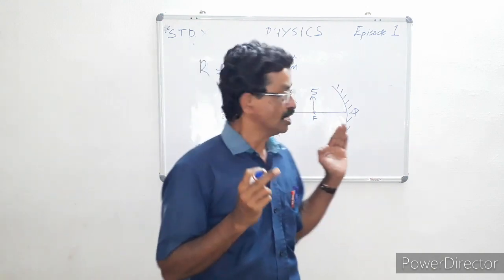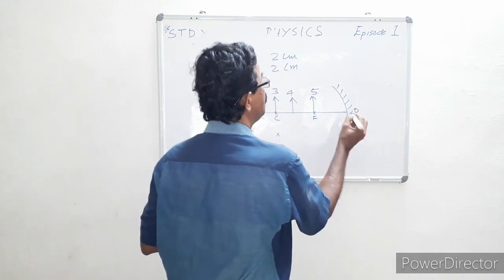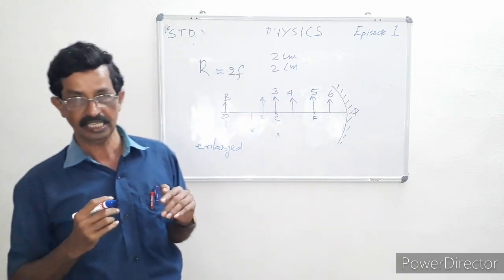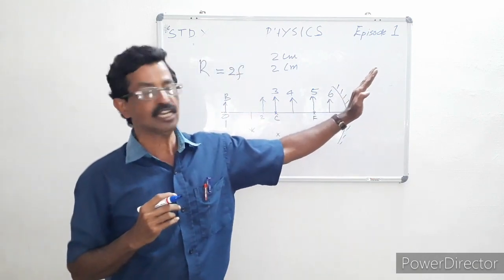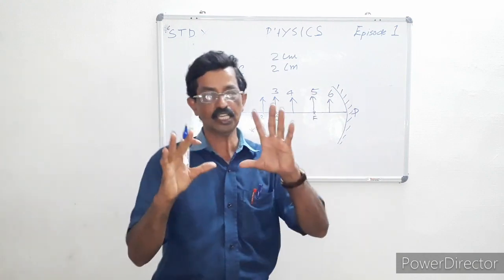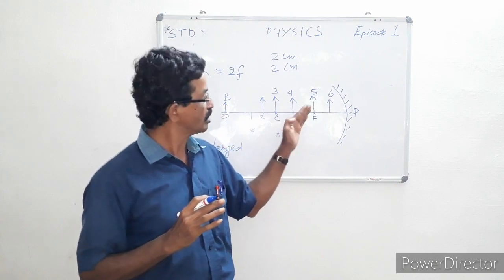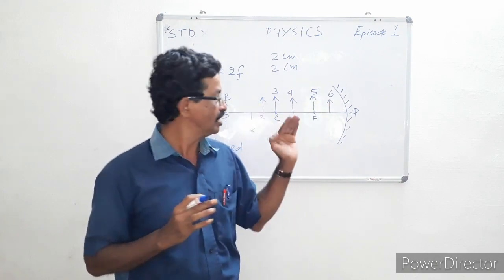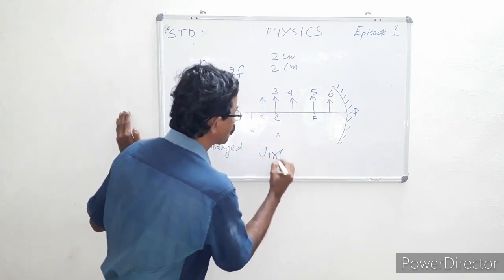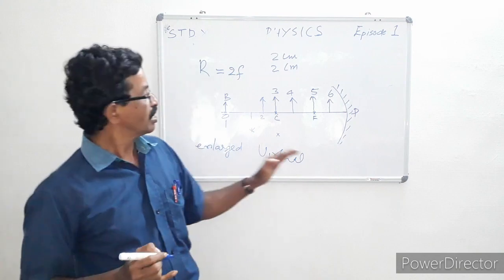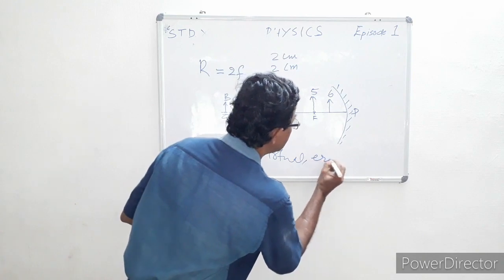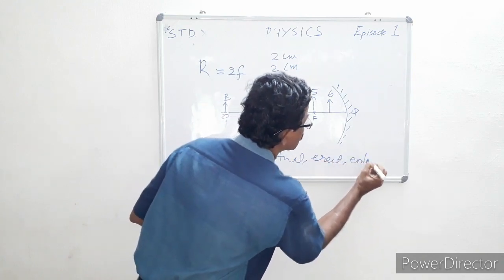Now, again we are placing the object in between pole and focus. Now the image we cannot get on the screen, but we can see its image in the mirror. So it is that the image is virtual, erect and enlarged.